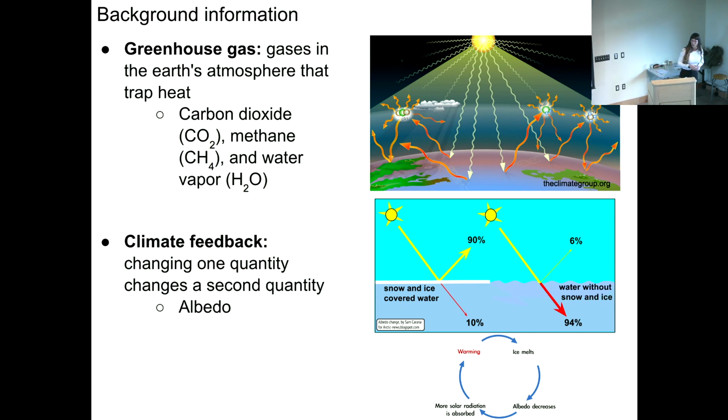So starting with the background information. Probably a lot of people here know this, but just in case, what is a greenhouse gas? Specifically, these are gases in our atmosphere that trap heat. Not all gases are greenhouse gases, only ones that absorb infrared radiation. How that happens, you can see in the top figure, is you have energy coming from the sun.